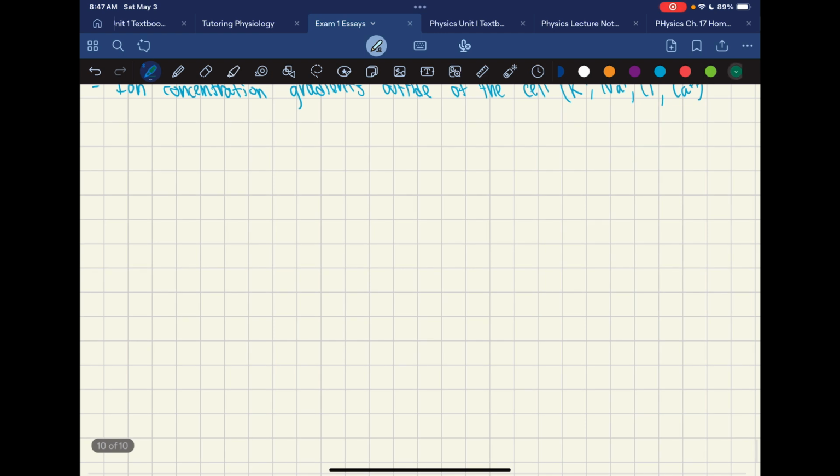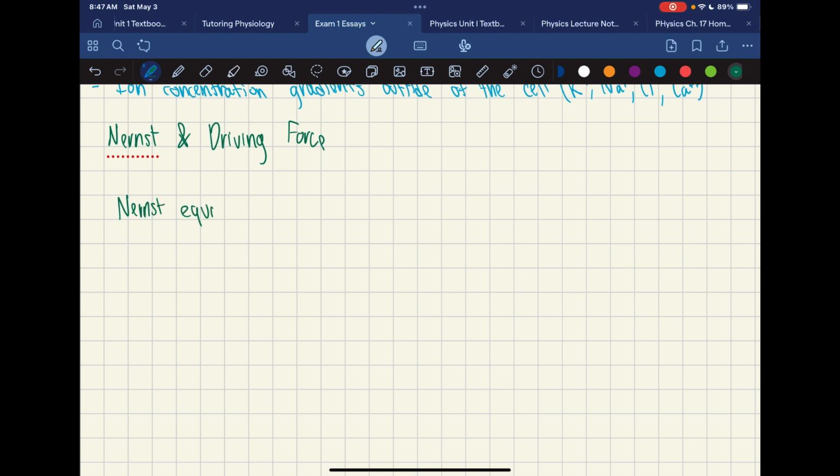So let's go down to the Nernst and driving force equations. These ones are really cool. How we can kind of predict what's going to happen within the cell due to certain factors. So the Nernst equation is as follows.